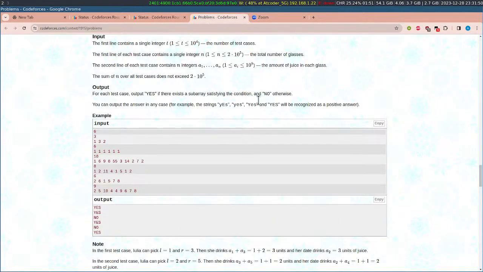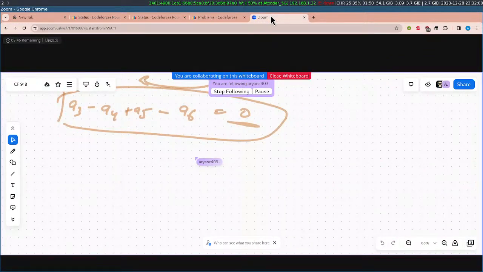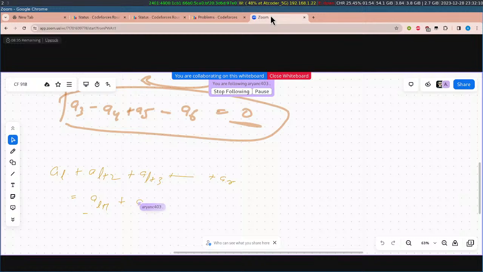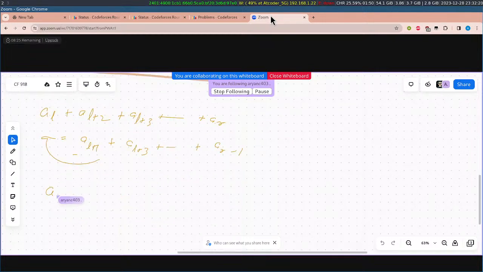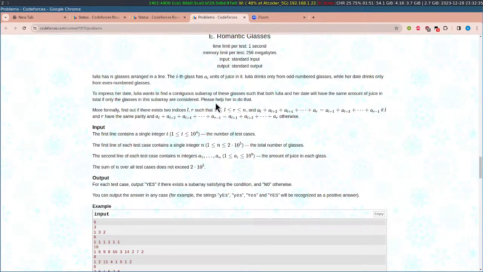If we pick the definition from the problem statement, AL, AR, everything, if we move everything to the left hand side, moving everything to the left hand side. You can try out both the definitions which are given over here.